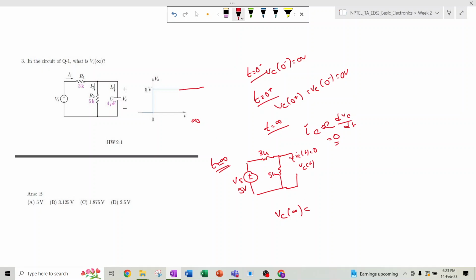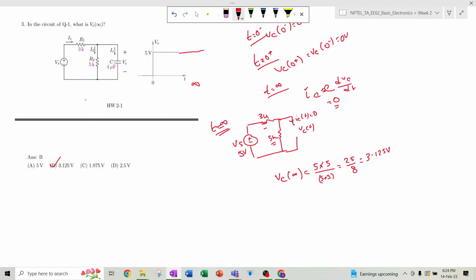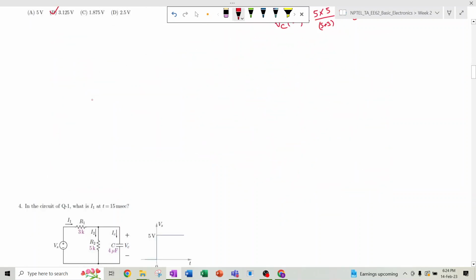So 5 volt into 5 divided by 5 plus 3, so it will come as 25 divided by 8, which is 3.125 volt. So this is basically 3.125 volt. It was a very basic question.